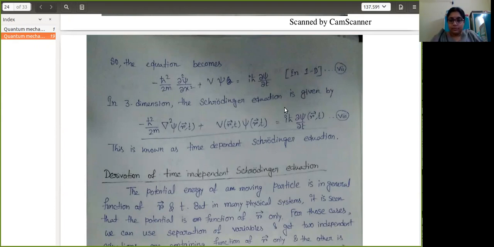Now we got the time dependent Schrodinger equation. Next step is to derive the time independent Schrodinger equation from this time dependent one. One thing you keep in mind is that we cannot always derive the time independent Schrodinger equation from the time dependent one. We can do it only when the potential V is only a function of r.